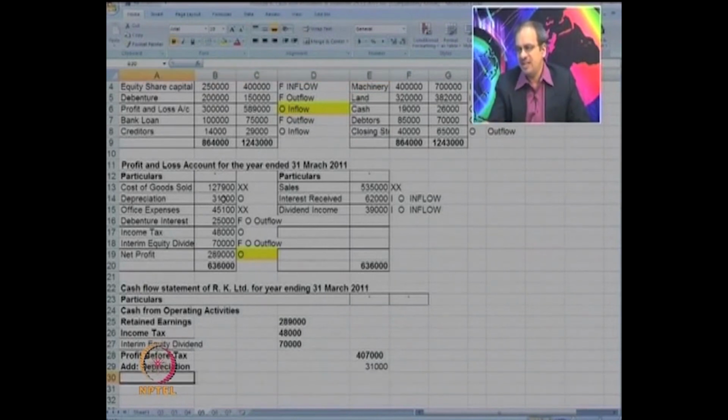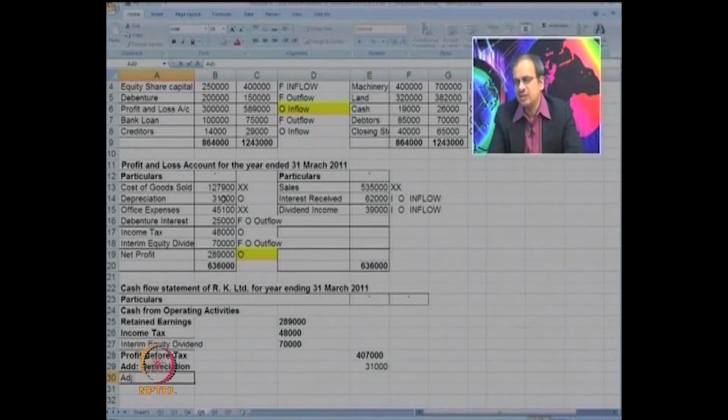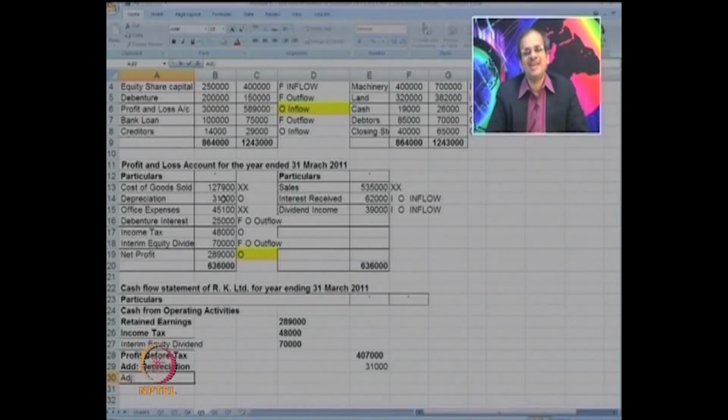So add depreciation. Second, we have to make some adjustments. Do you remember which adjustments we make next? We make adjustments for non-operating items. So we do have items which are there in P&L, but which actually are non-O. They have to be I or F. So take a look at P&L.